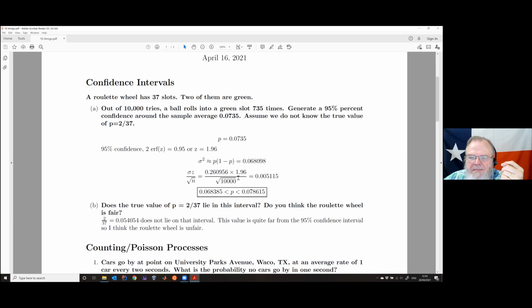But the interval is built around the observed probability. The observed probability is P. So we build this interval around this number. This is the true probability down here, 0.054054. So what you're saying is that it does not lie within the confidence interval. Yes, that's what I mean.